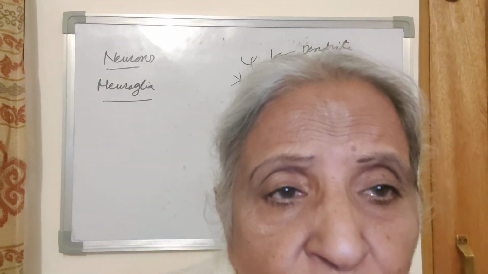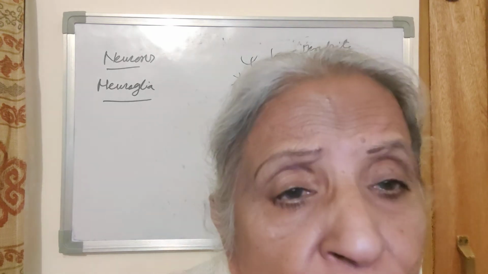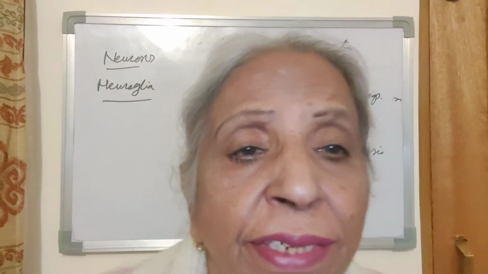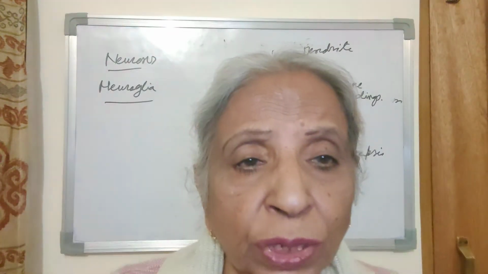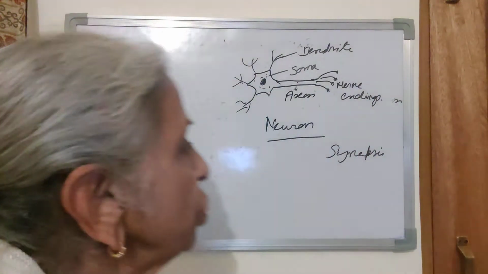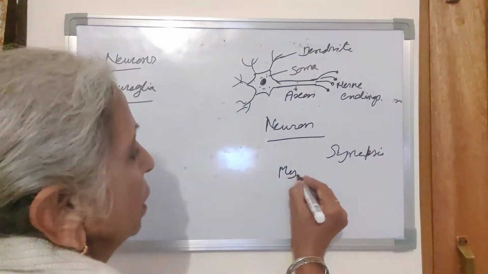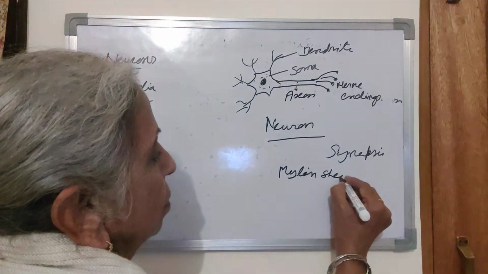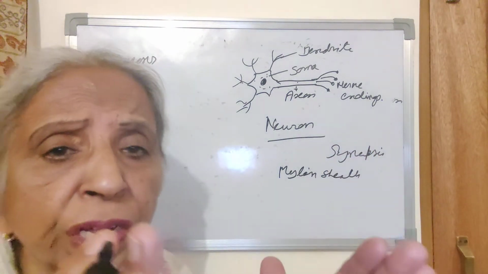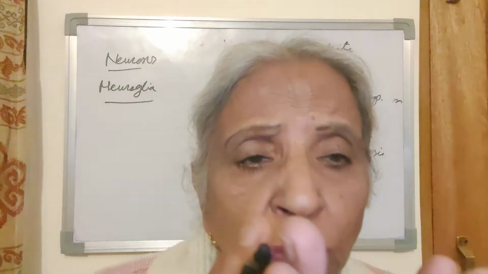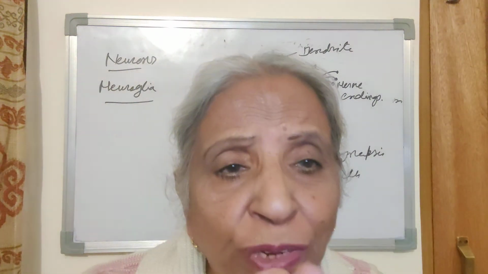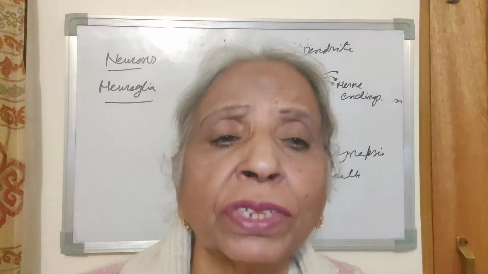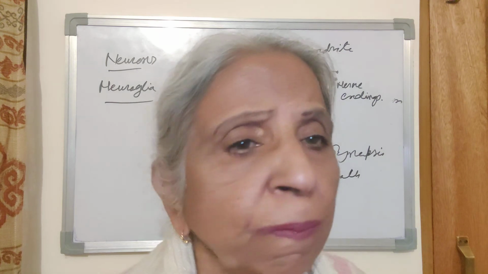They protect the neurons, support the neurons, and provide nourishment to the neurons, and they form the sheath around the neurons, which is called the myelin sheath. Many neurons are grouped together to form nerves and the nervous tissue, and they are connected with each other by connective tissue.